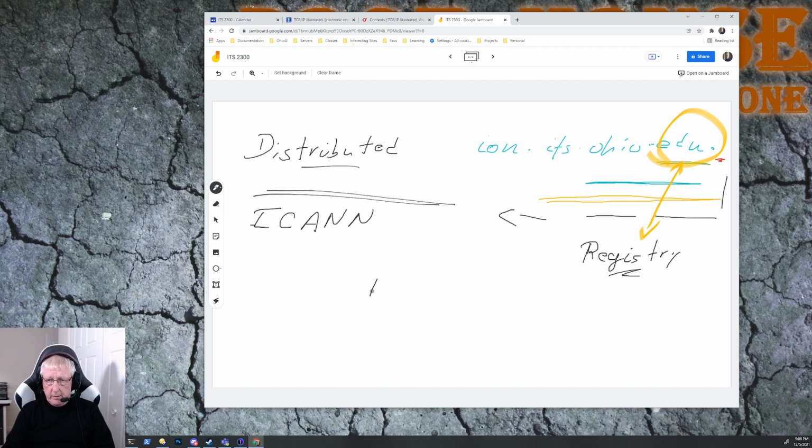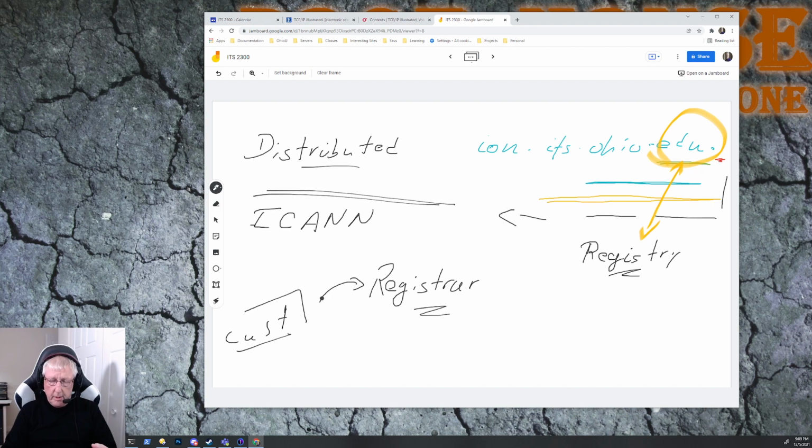And then the other half of this is an entity called the registrar. The registrar is the customer-facing interface. So if somebody wants to obtain a domain name, they contact a registrar. It could be companies like GoDaddy. I use Namecheap.com. There are many others.